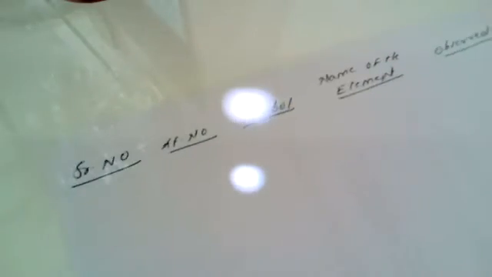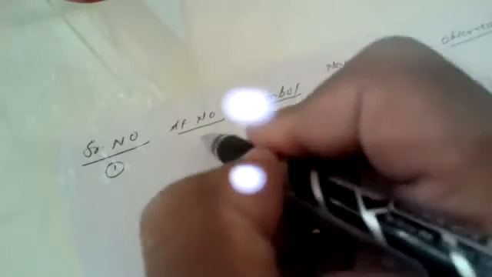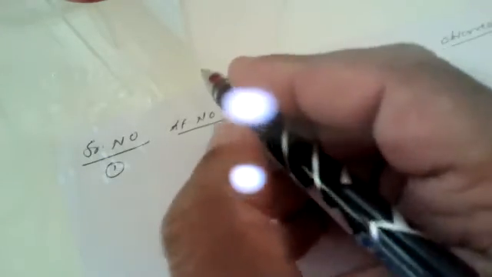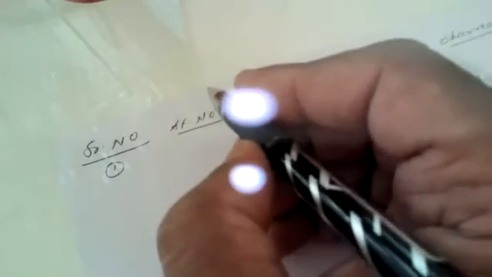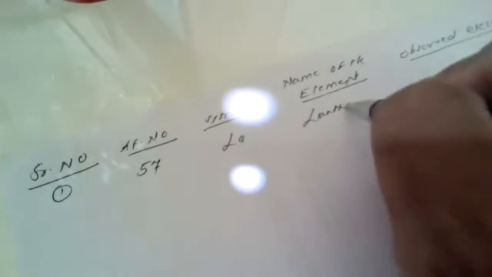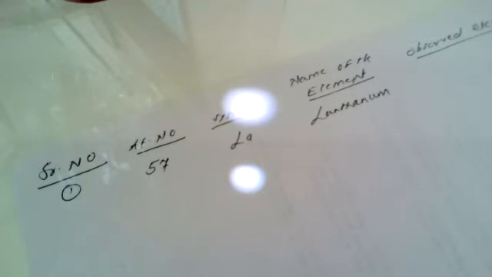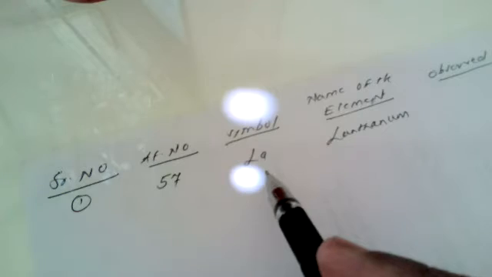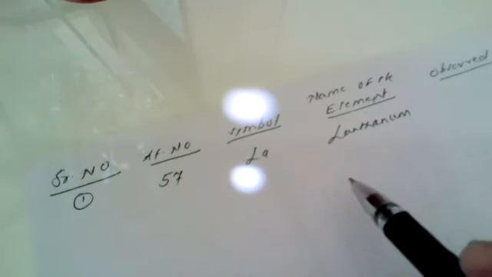Now, under the first column, you have to write serial number 1, atomic number, as we have just discussed, that the first member of this series starts with atomic number 57. So first is 57, the symbol is La, and the name of the element is lanthanum.